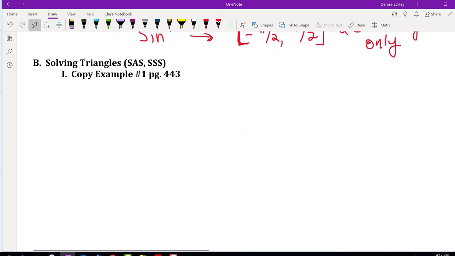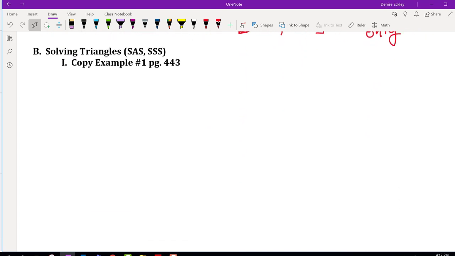Okay, so let's do an example. It says to copy example 1 from page 443, but I'll go through it with you. The problem asks us to solve triangle ABC, and we're given certain values.